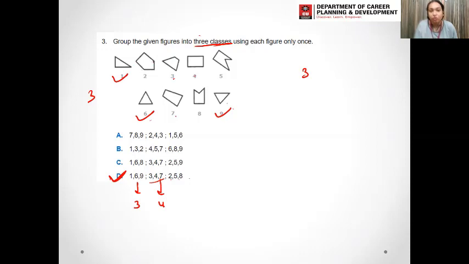The second has 5 sides, the fifth has 5 sides, and the eighth also has 5 sides. So the grouping is based upon the number of sides: 3, 4 and 5 sides. Option D.